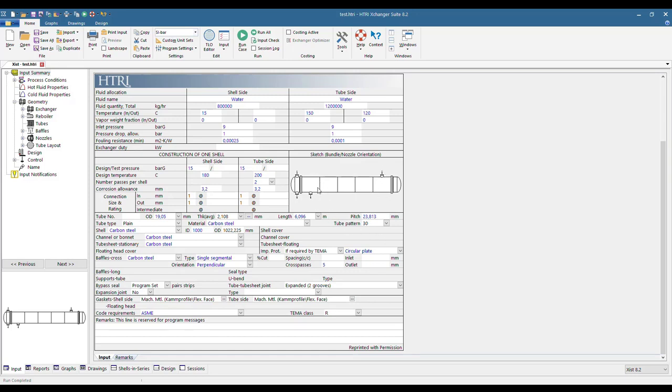So the dimension of the nozzles will, in any case, make a constraint to the first baffle pitch and the last baffle pitch, taking also into account that here you have a tube sheet thickness which is calculated by the software, but of course this is a very rough calculation that has to be later better defined by the mechanical calculation. Now, okay, let's make a run and see what happens.